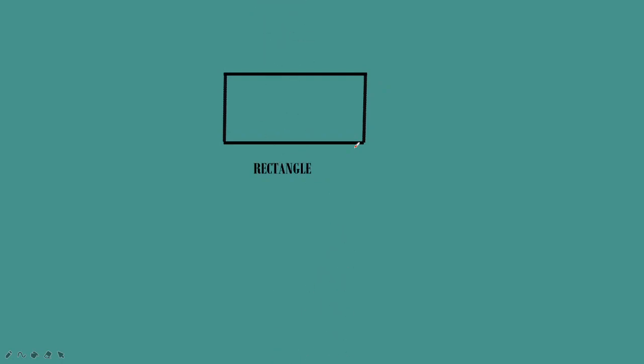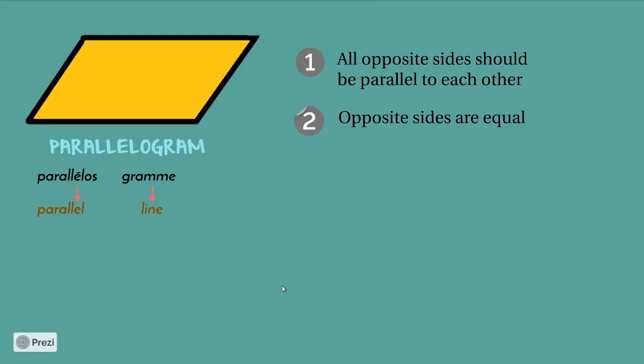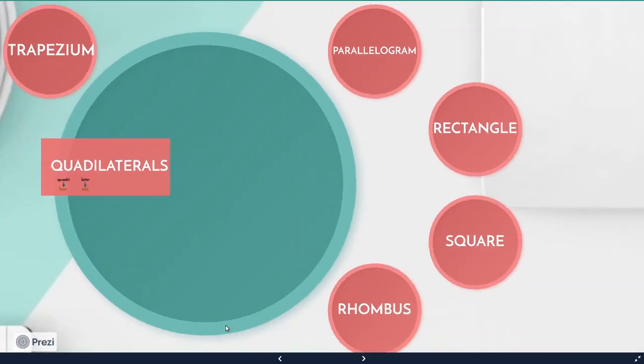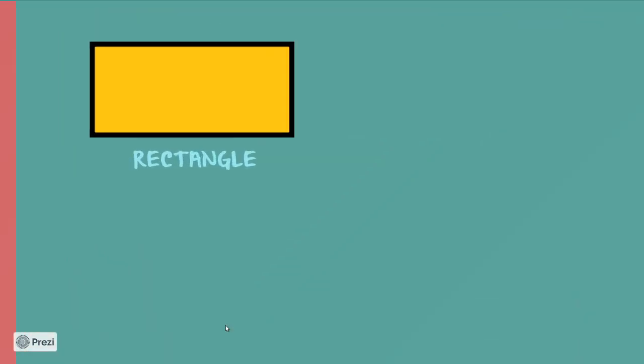This is also a parallelogram, but a special type of parallelogram, a rectangle, where opposite sides are parallel, but moreover each side is perpendicular.